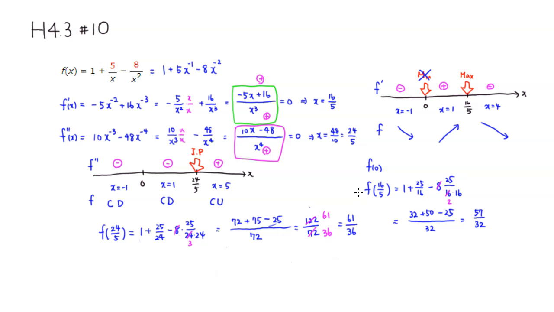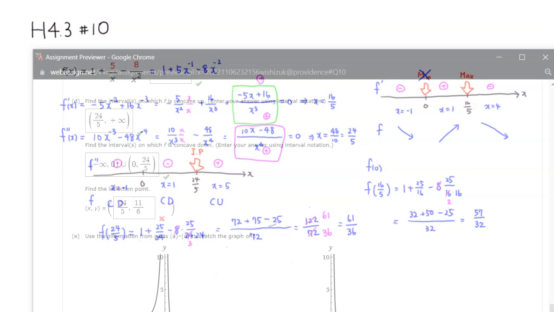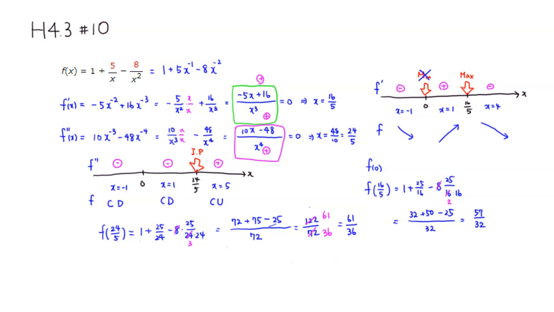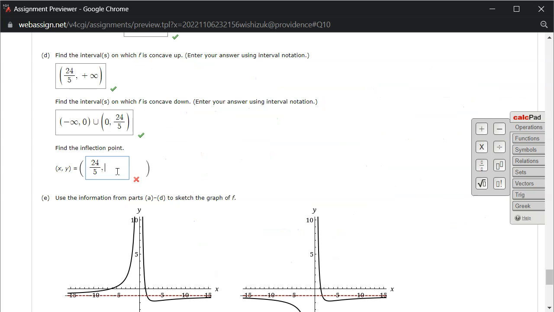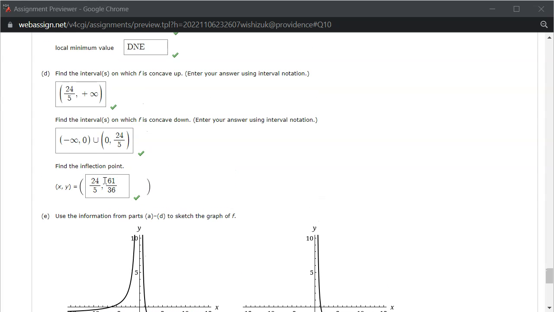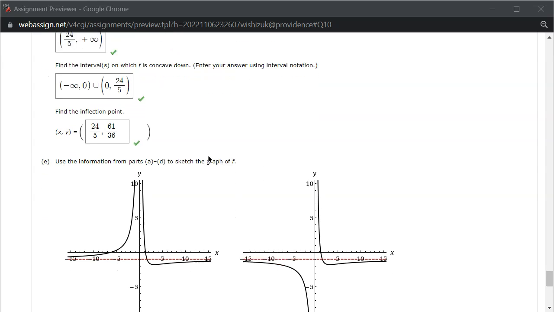Let's check the answer here. Oh, actually, I put a wrong number there. It's 61 over 36. All right, let's check the answer. I came back and it looks like we got the inflection point correctly. Let's move on to part E.